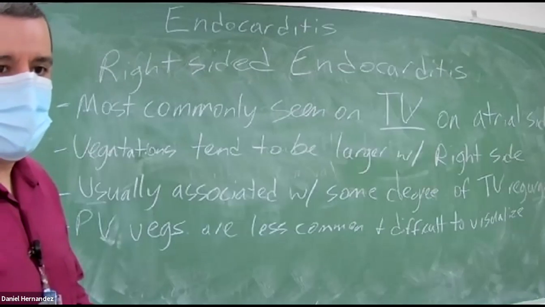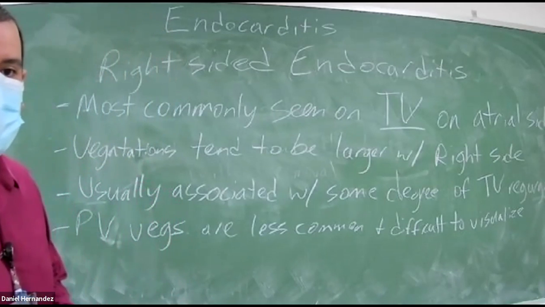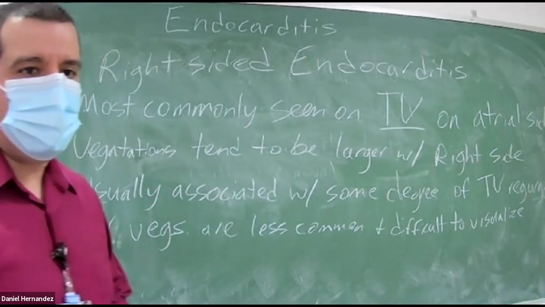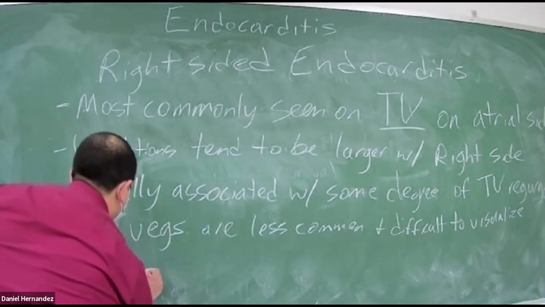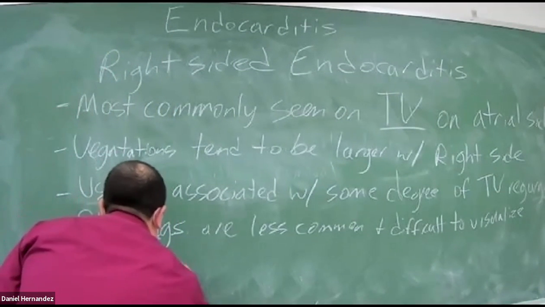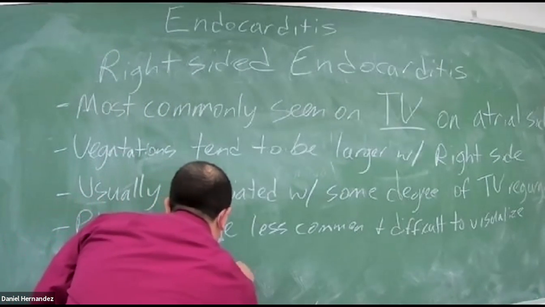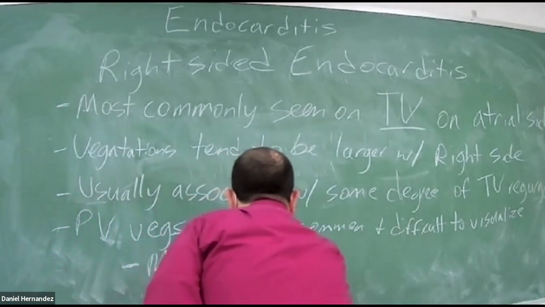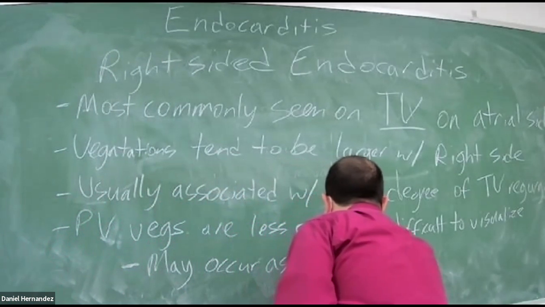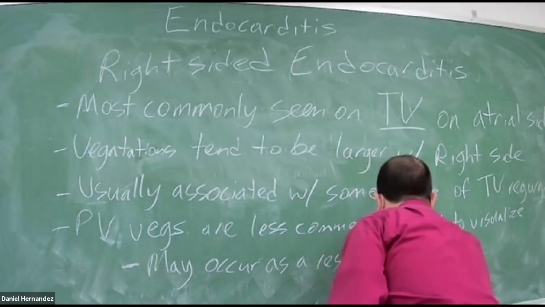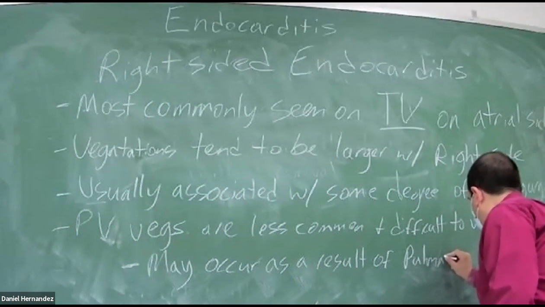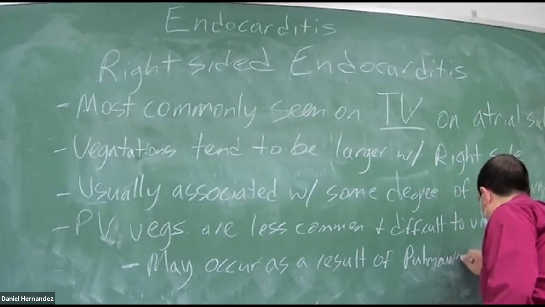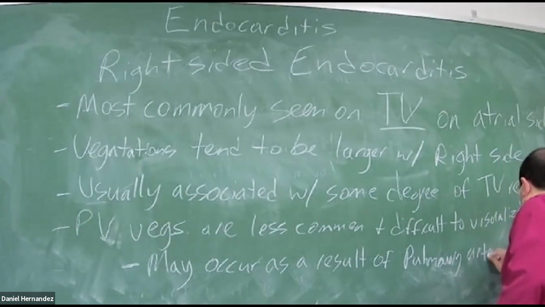Rarely, pulmonic valve vegetations can also occur as a complication of pulmonary artery catheterization. We'll put: may occur as a result of pulmonary artery catheterization.